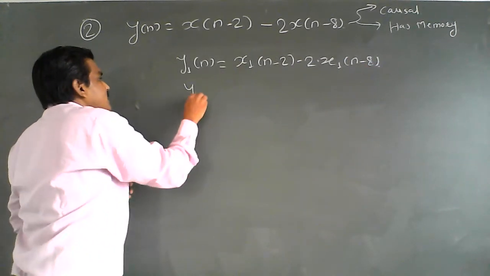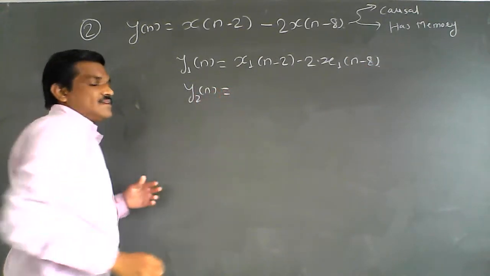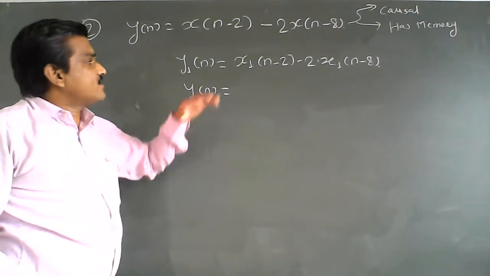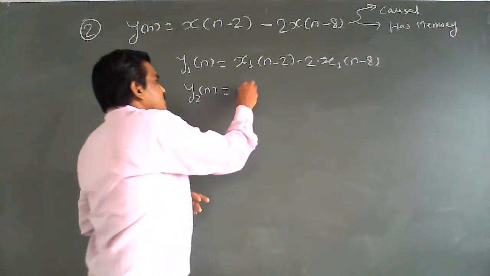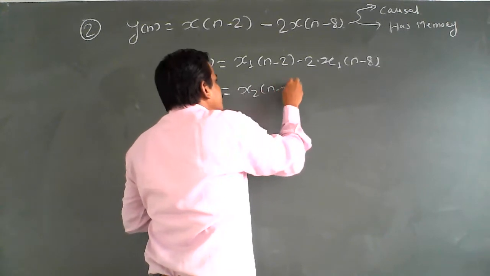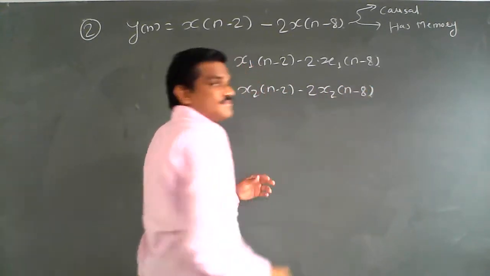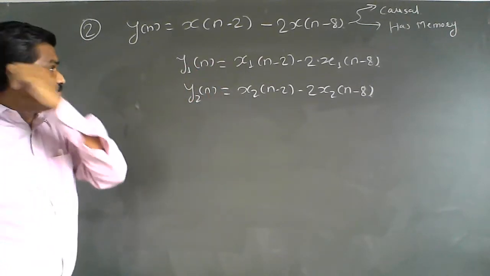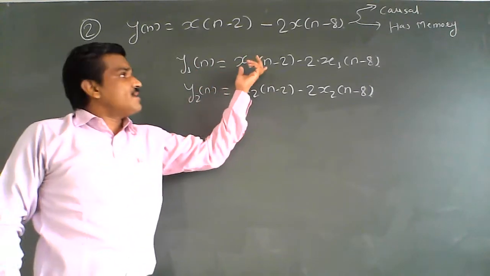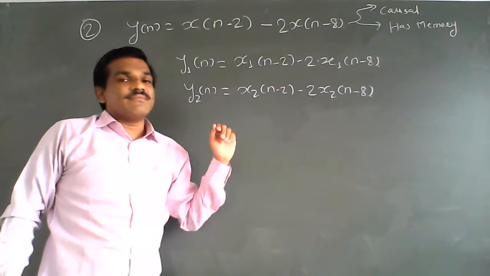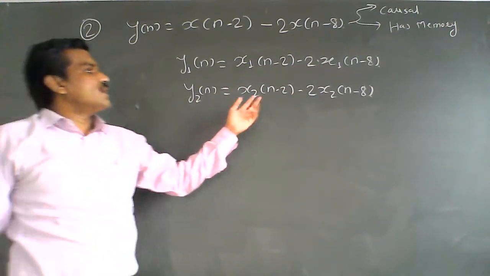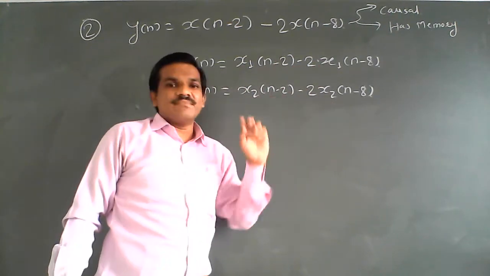Similarly, for the second input, in terms of x2, it is x2 of n minus 2 times x2 of n minus 8. So y1 is equal to x1 of n minus 2 times x1 of n minus 8, and y2 is equal to x2 of n minus 2 times x2 of n minus 8.